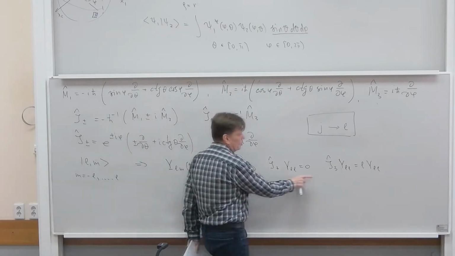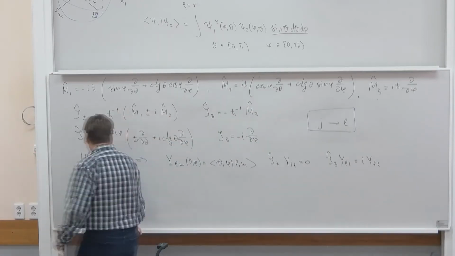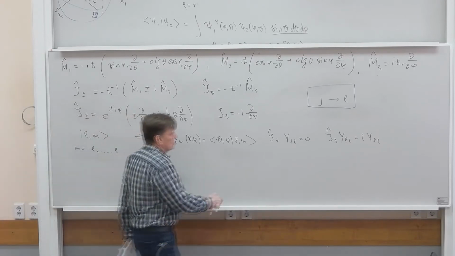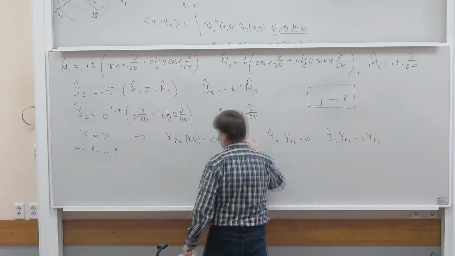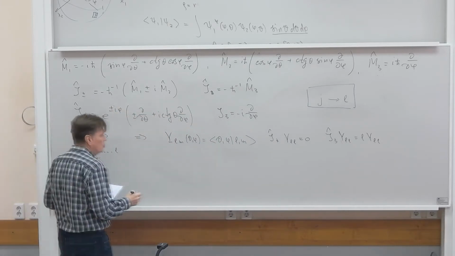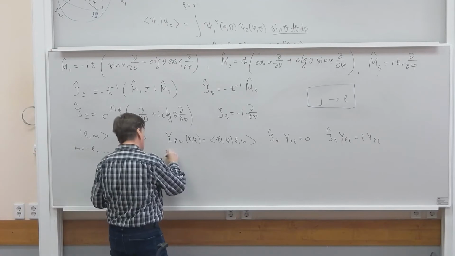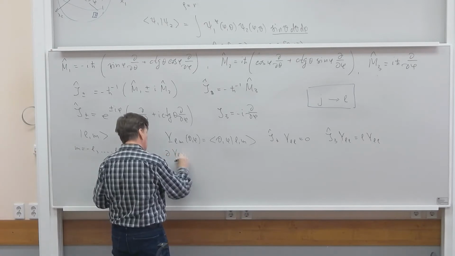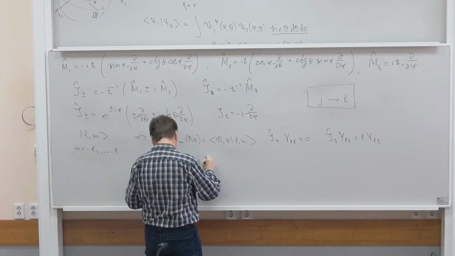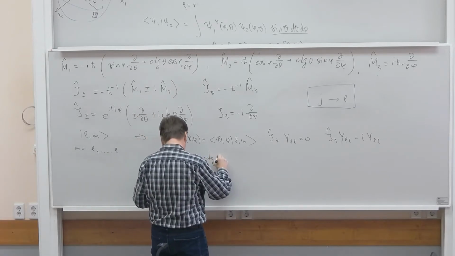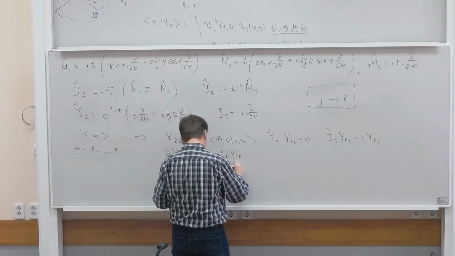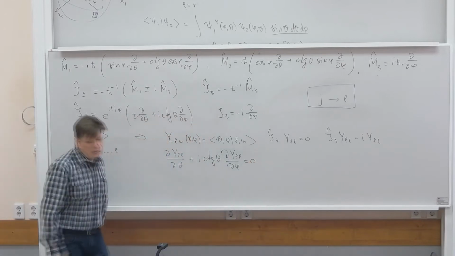Explicitly, these two equations have this form. So we substitute operators J plus and J3 in coordinate representation, and we get two equations. The first one: d Y_LL by d theta plus i tangent theta... d Y_LL by d phi is equal to 0.